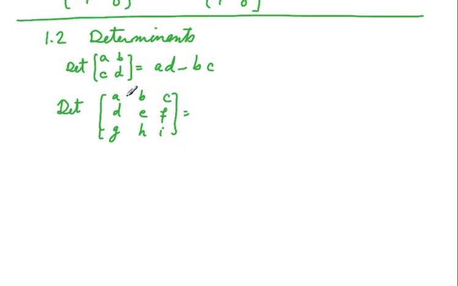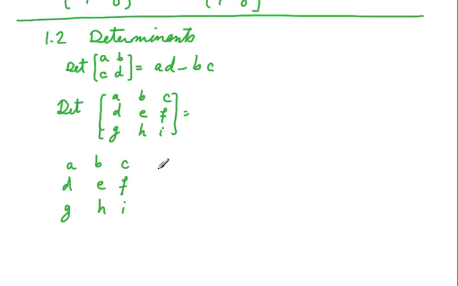Let me see if anybody has seen how to handle 3 by 3 matrices, some way of memorizing what that entry is. So it's a long list of things. You see that it takes a while to say it.